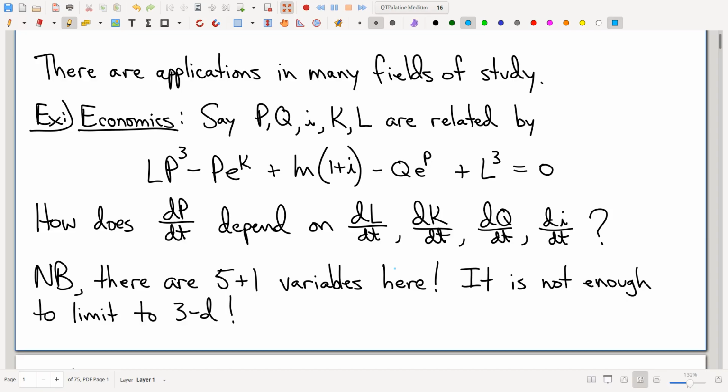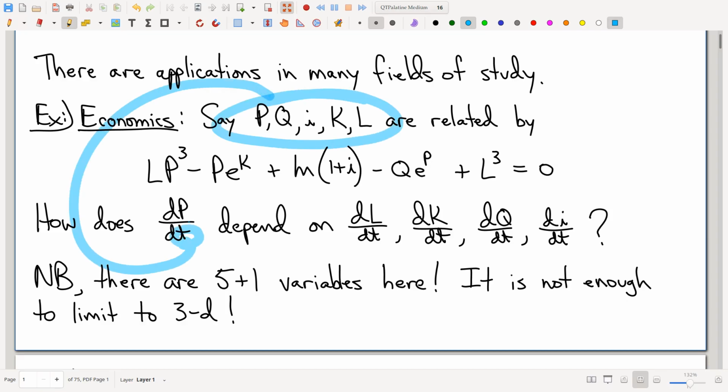Okay, that's a bunch of nonsense. Absolute nonsense. And this example shows it. We have here 5, arguably 6. It's what we call 5 plus 1 variables, because time is the plus 1. So we have, depending on how you want to count, 5, maybe 6 different variables here. So we could view this as being a math question in 5 dimensions.